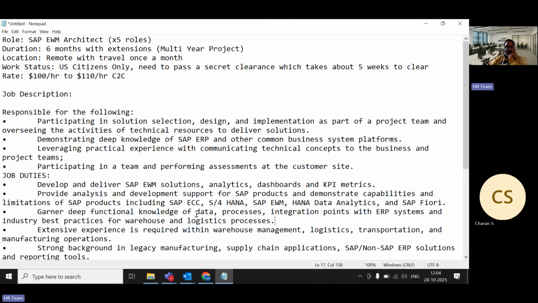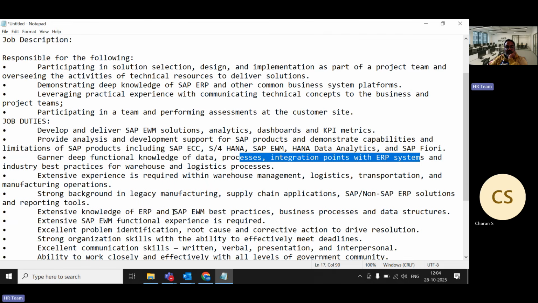They're also talking about data process integration points with other ERP systems. I don't see anything special here; most of the things are common to you guys.